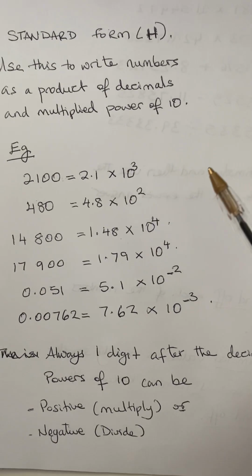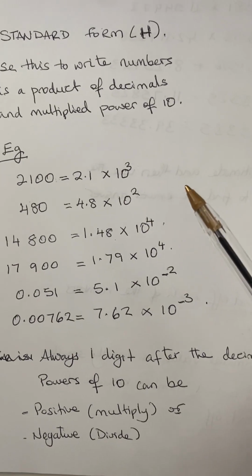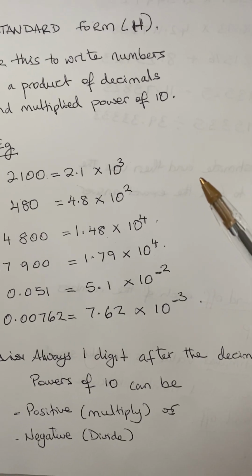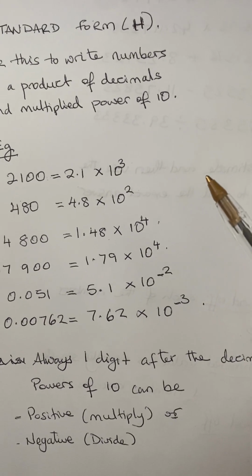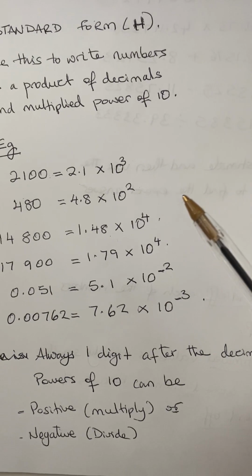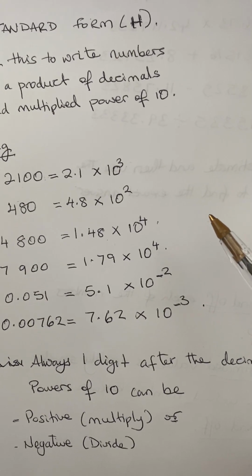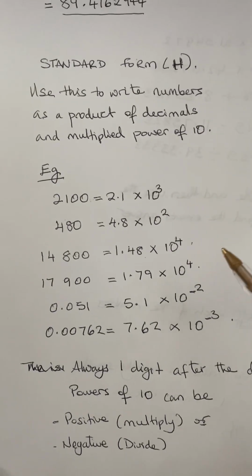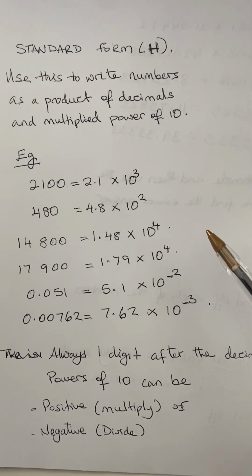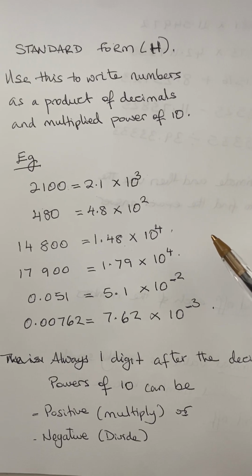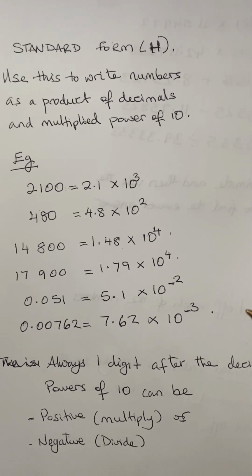Okay, if it is 0, then it will be 2.0 times. So if you have 2,000, it will be 2.0 times 10 to the power 3. Go and get some figures of your own, as I encourage you, and try it yourself.